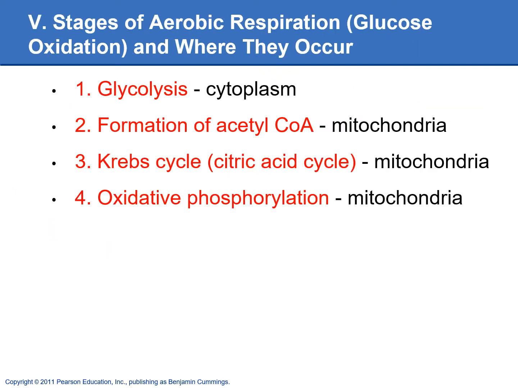There are 4 stages to aerobic respiration. I just want you to know basically what's happening in each of the 4 stages and where it's occurring in the cell. Glycolysis occurs in the cytoplasm, and the other 3 steps all occur in the mitochondria.